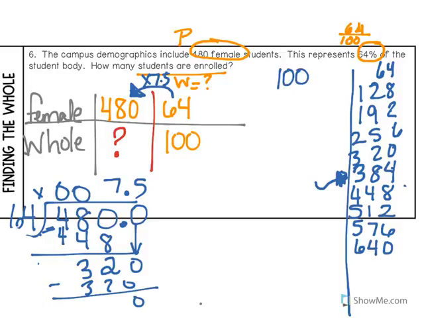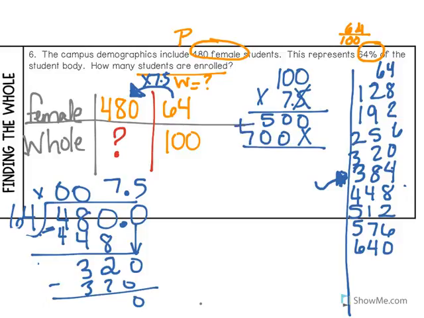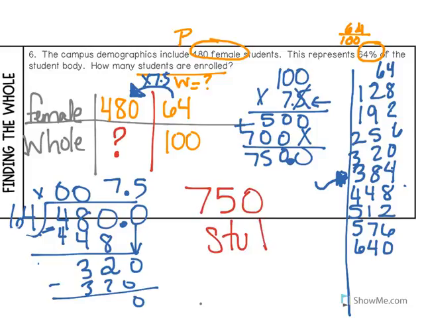So 100 times 7 and 5/10. So I get 750. So my answer is 750 students total.